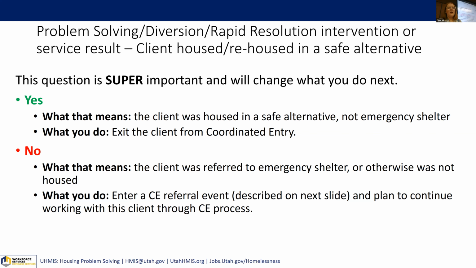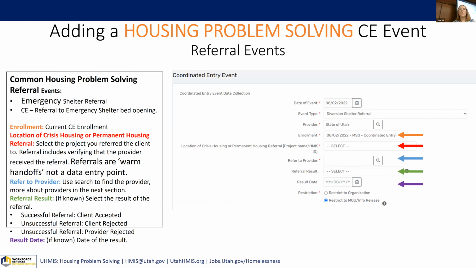The other type of coordinated entry event is this referral event. I'm doing this in context with diversion because it's the most set up. There are referrals to all sorts of locations like rapid rehousing projects, permanent supportive housing projects, basically any other type of housing project. In the context of a diversion, you're diverting this person, they are staying in a shelter or hotel or motel program that night.